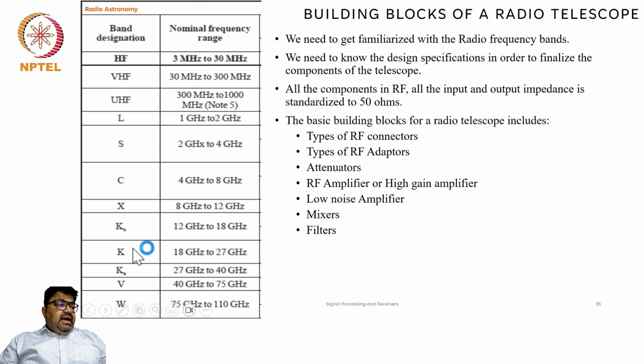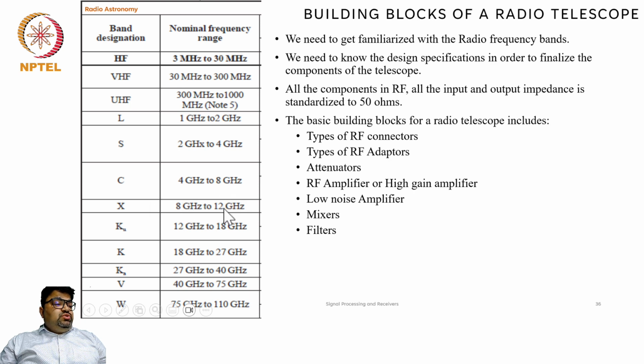So there are different bands. We will come to that later also. But the HF band, the high frequency band, is 3 megahertz to 30 megahertz. The VHF, very high frequency, goes from 30 megahertz to 300 megahertz. The UHF band, or ultra high frequency band, is 300 megahertz to 1000 megahertz. L band goes from 1 gigahertz to 2 gigahertz. S is 2 to 4. C band is 4 to 8.